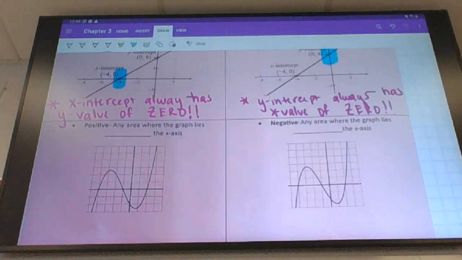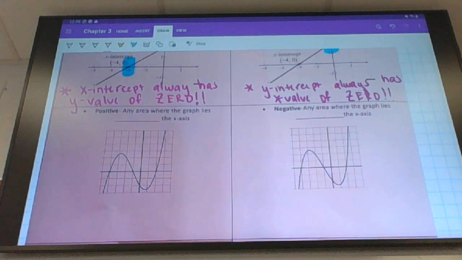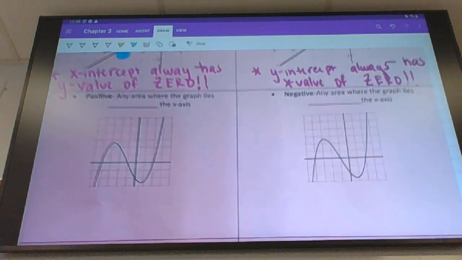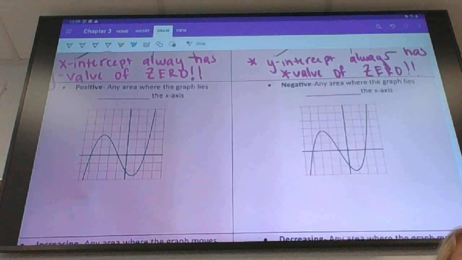Okay. Now I'm not sure if you guys got to this last year. But before last year, I never taught this in Algebra 1. So this was new last year. Positive, the graph is called positive. This is a characteristic. It is called positive anywhere where the graph is above the x-axis.